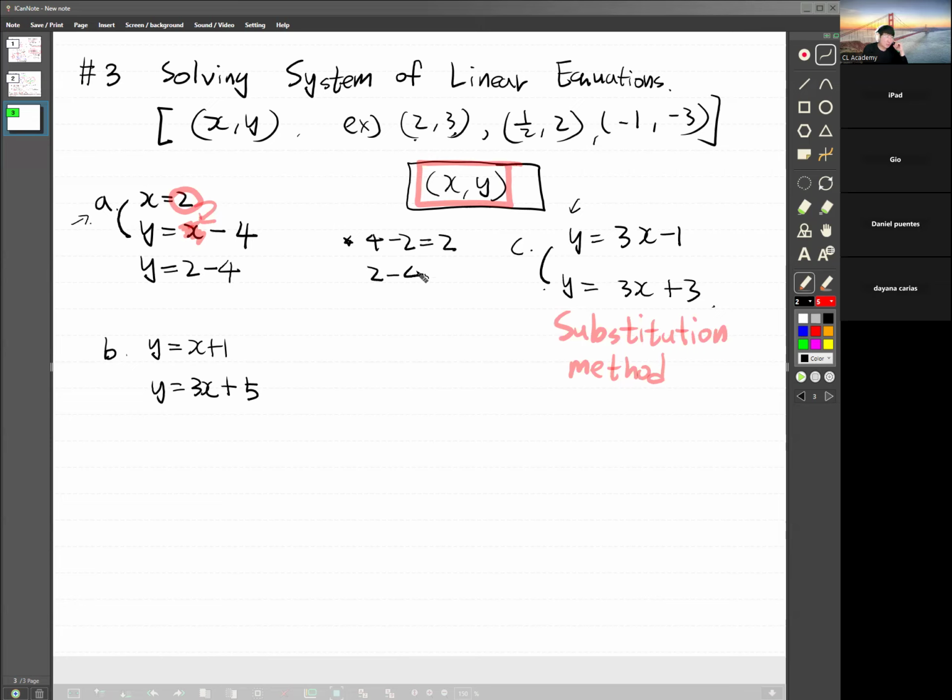But 2 minus 4, you subtract a bigger number, so you need to get negative 2. And what did I say? The answer must be x comma y. What is x? 2. What is y? Negative 2. So the answer must be 2 comma negative 2. Got it? Yes, that's why I said very close. You just need to rewrite it. Now, try B.